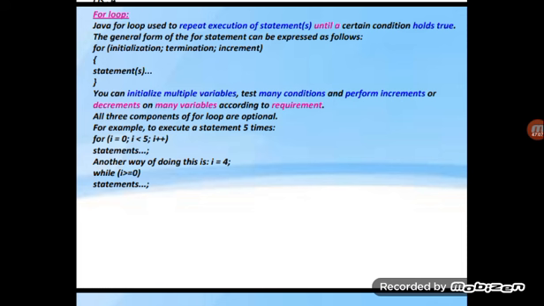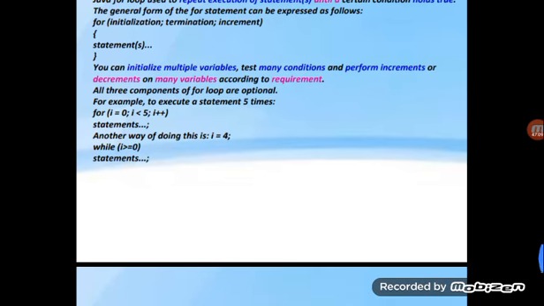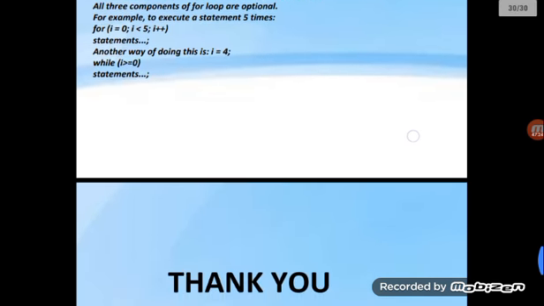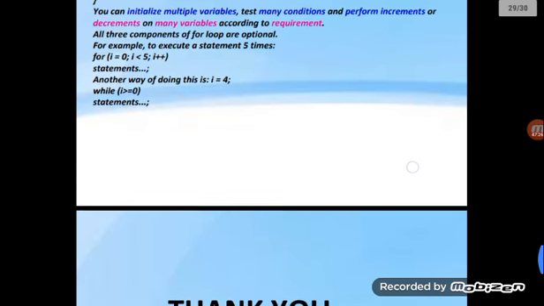You can initialize multiple variables, test many conditions, and perform increments and decrements on many variables according to requirements. All these components of the for loop are optional. An example: for i = 0, i less than 5, i plus plus, statements. Another way of doing this: i = 4, while i is greater than 0, and some statement.